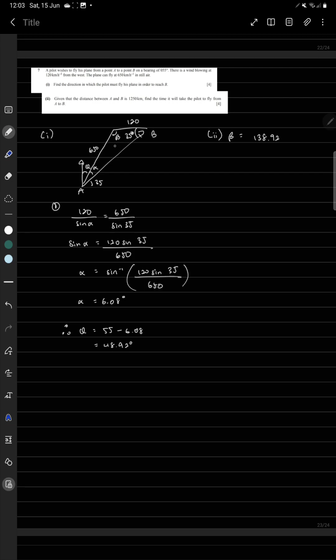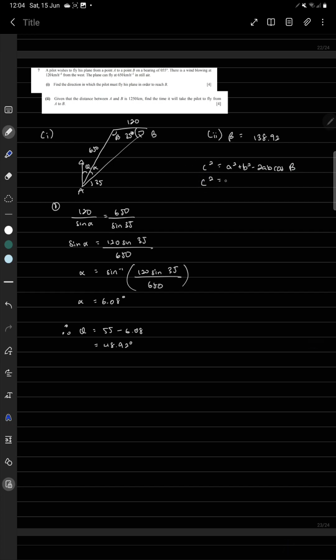Now we have 138.92, we want to find x. We are going to use the cosine rule to find the velocity. So the cosine rule is c squared equals a squared plus b squared minus 2ab cos theta. In this case, theta is beta, so let's write beta here. So we're trying to find c squared.